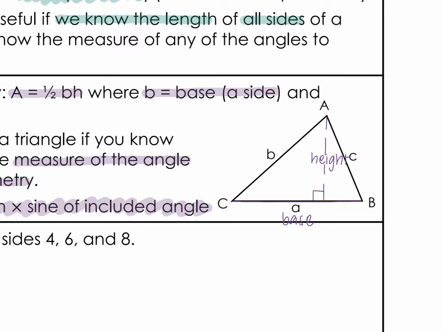So using our 1/2 base times height, I can replace my b with that a. So we would have 1/2 of a times my h, my height. Well, I need to figure out what the height of this line here is, corresponding to my base a.